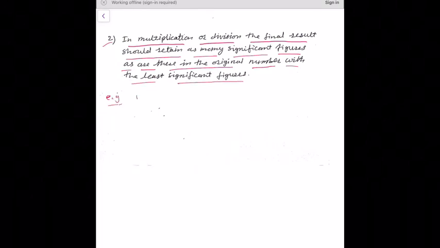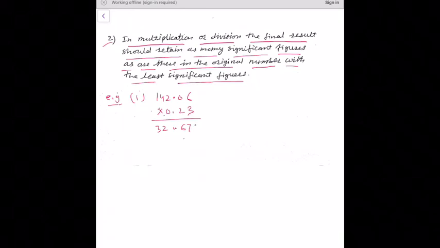For example, first, multiplication of two numbers, 142.06 times 0.23, we will get 32.6738. The least precise number has two significant figures, so the answer should have two significant figures. So the answer is 33.